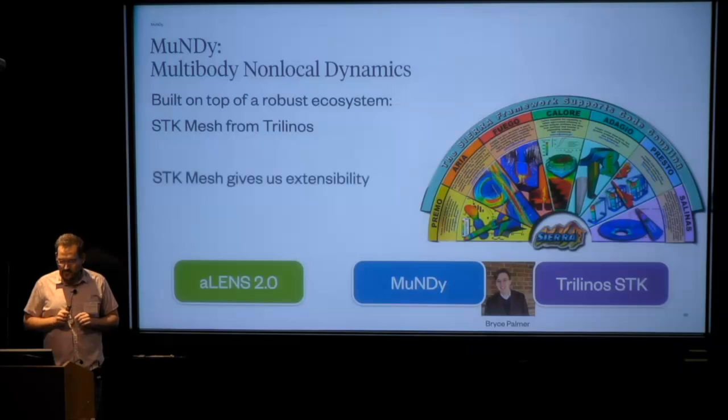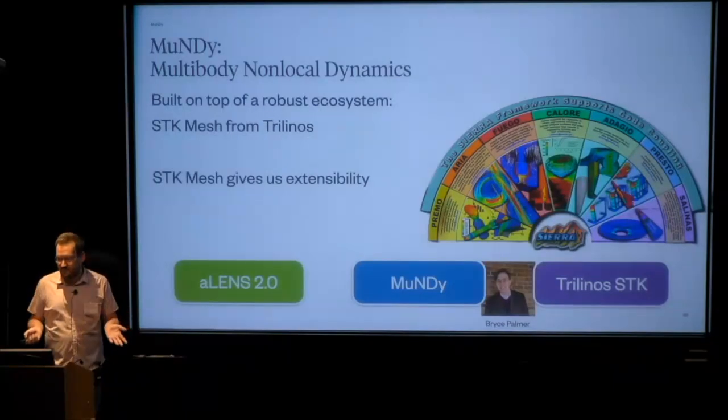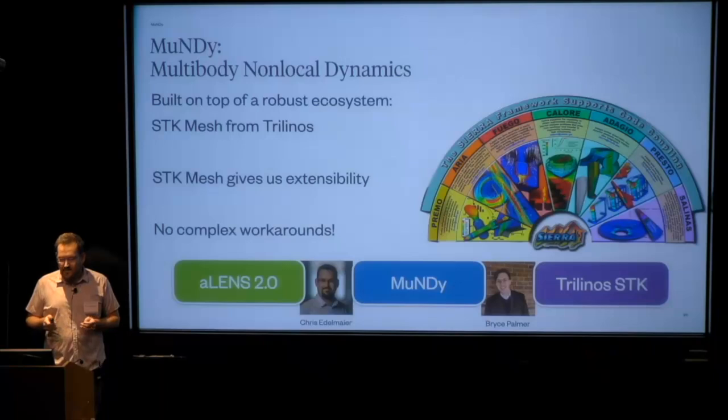So that's good. That's what really gives us the extensibility, both for the problems of needing to add data to particles that, say, only we're interested in, but also how to keep track of multiple types of particles just by essentially assigning the data onto and off of the mesh. And this leads to a lack of a lot of the workarounds that existed in ALENs, where you had to maintain, let's say, different vectors of objects or copy interactions in different places to communicate back and forth. So it eliminates some of those workarounds.